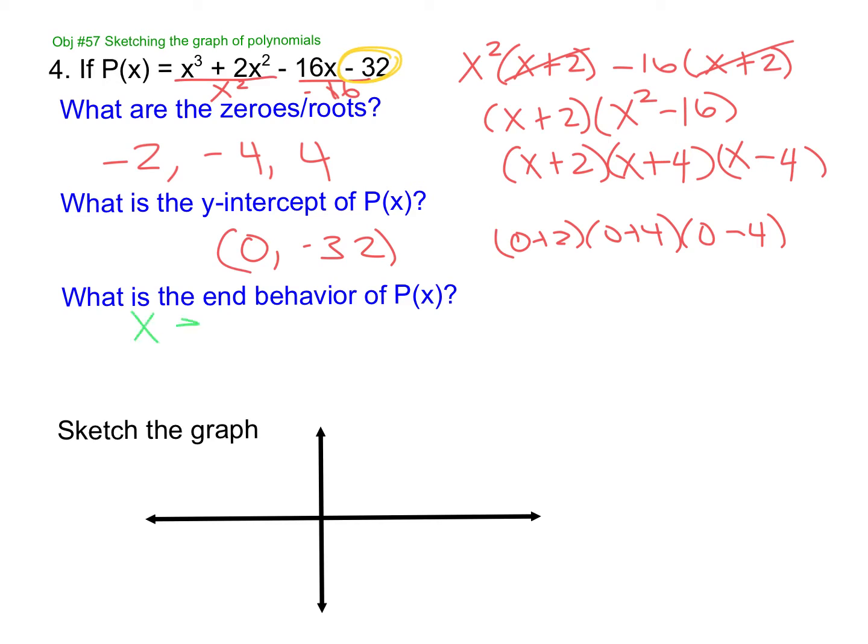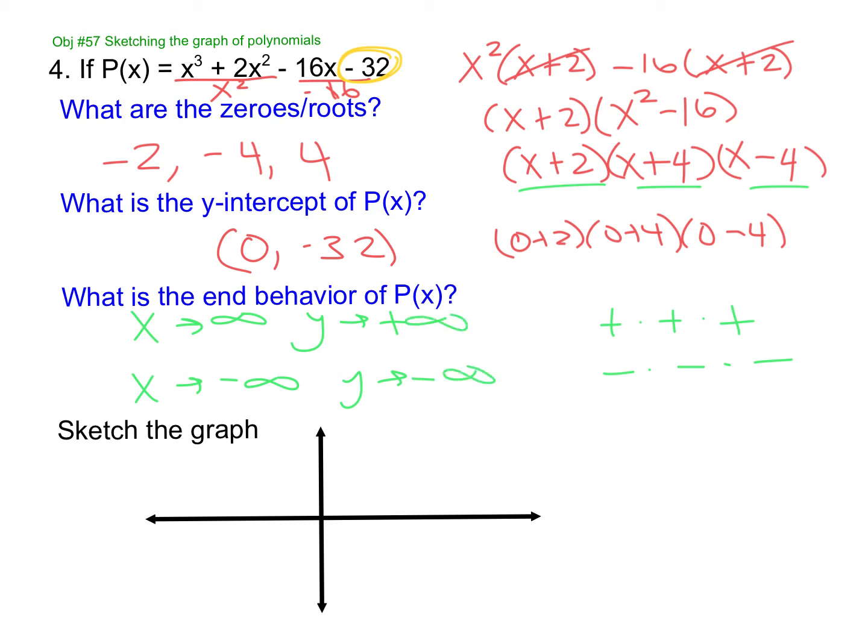As x goes to infinity, as x goes to negative infinity. So we only have 3 factors, right? 1, 2, 3. So plus, plus, plus, and minus, minus, minus. After a while, you should get used to these, right? It's the same thing over and over again. So I got negative 4, negative 2, and 4.